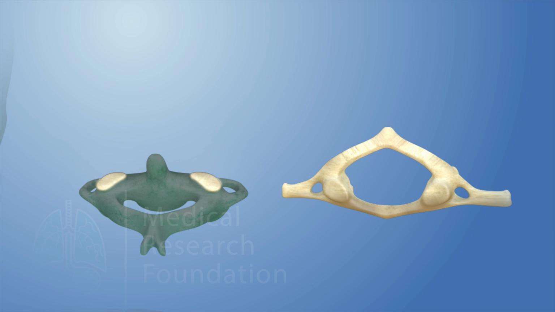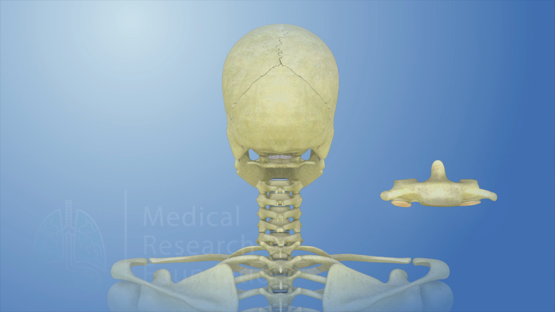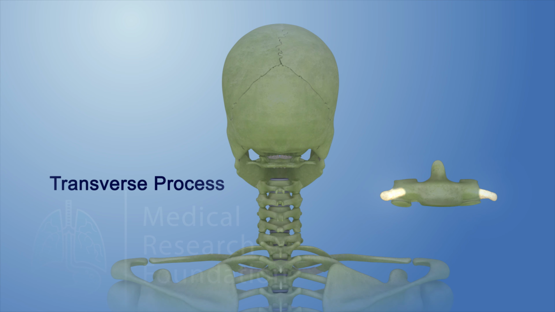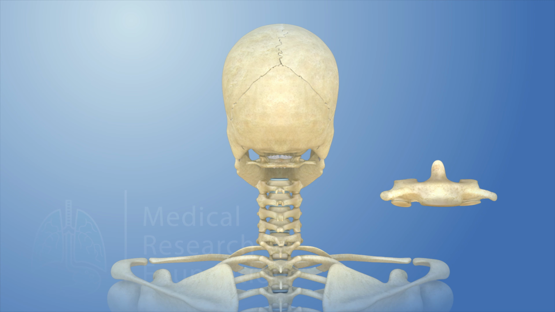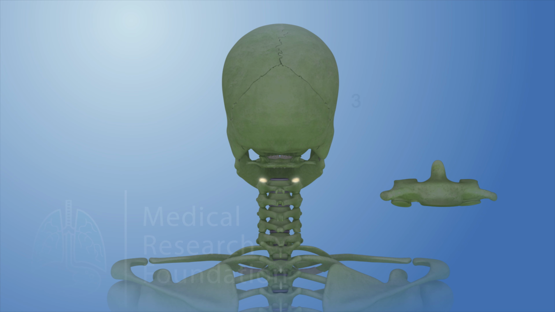It is directed upwards and laterally to articulate with the corresponding facet of the atlas. The inferior articular facet lies posterior to the transverse process and is directed downwards and forwards to articulate with the third cervical vertebra.